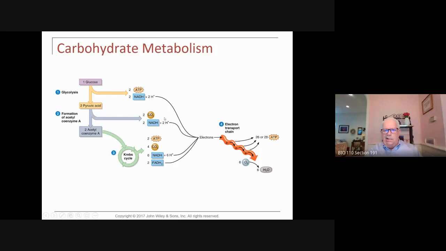Free electrons here, here, and here all go in to the electron transport chain.